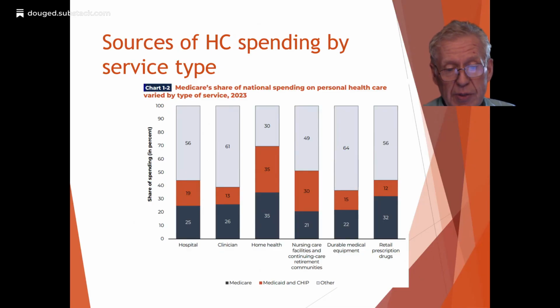We can see that 70%, 35% for Medicare and 35% for Medicaid, of home health care costs are paid by the government. Similarly, when we look at nursing care facilities, we can see that 51% is paid by the government, including 21% by Medicaid and 30% by Medicare.